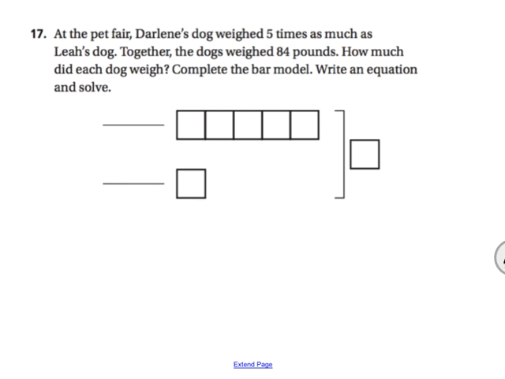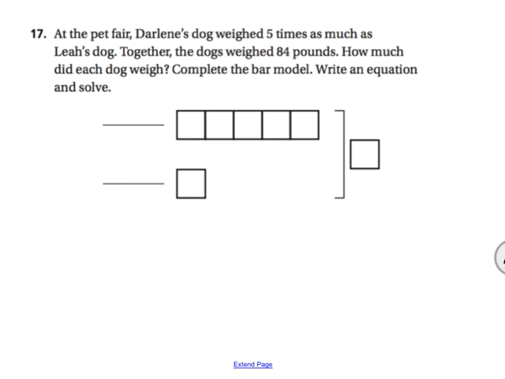Okay, so we see those empty lines. We have to think about what's being compared. And we're comparing the dogs' weights, Darlene's dog and Leah's dog. So again, who gets the 5 bars? We have to go back and reread the sentence that tells you "times as much" or "times as many as."